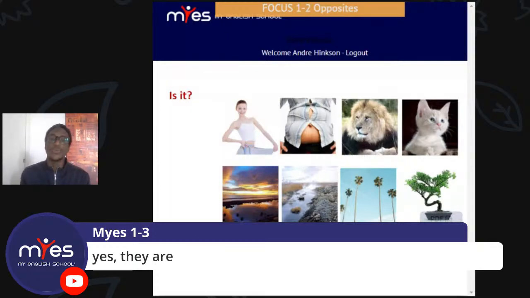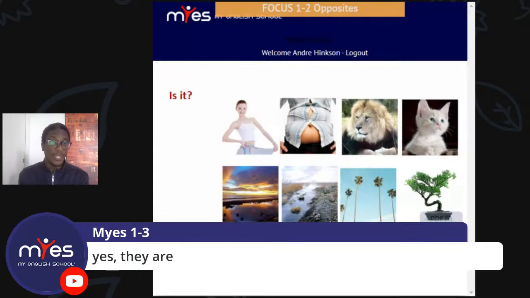So here we will ask the question, is it tall? The last picture, is it tall? How would you respond? Positive or negative? Now for me, it's not tall. So my response would be negative.